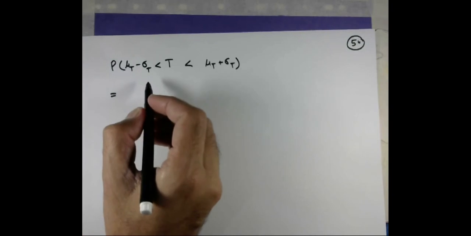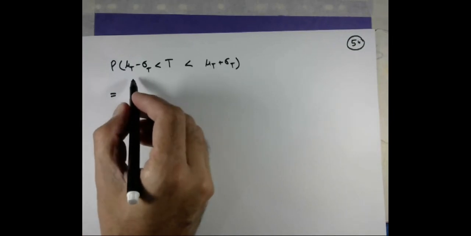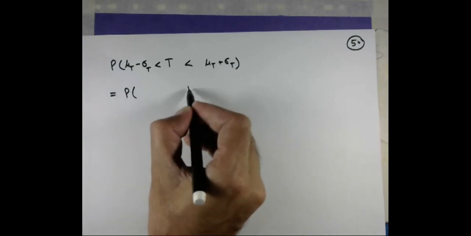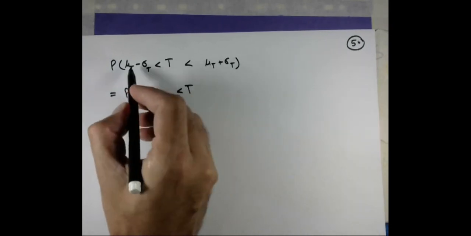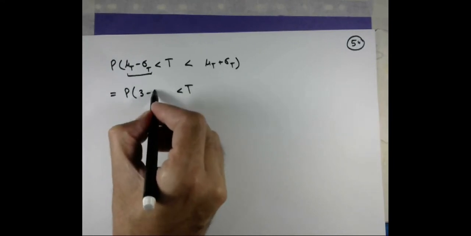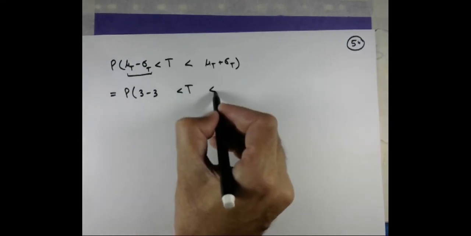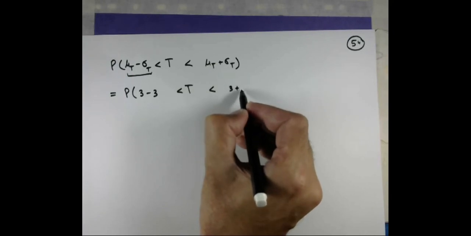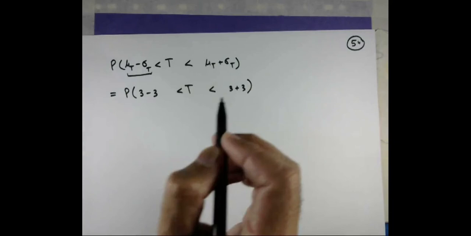So this is the probability that t is greater than, what is mu t? 3. What is sigma t? 3. And less than, what is mu t? 3. And what is sigma t? Again 3.